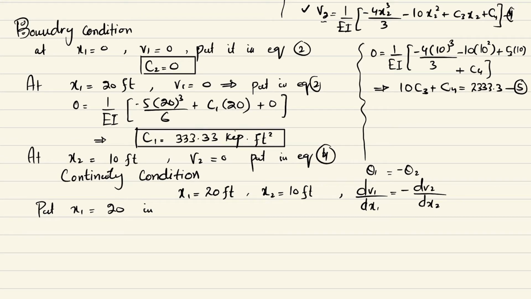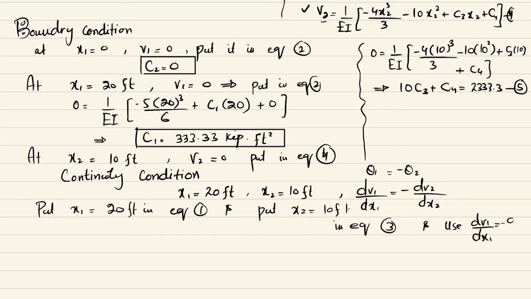So put x1 is 20 feet in equation 1 and x2 is equal to 10 feet in equation 3, and use dv1 over dx1 is equal to minus dv2 over dx2.